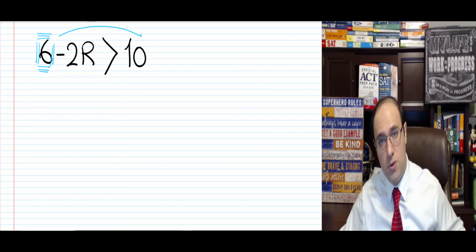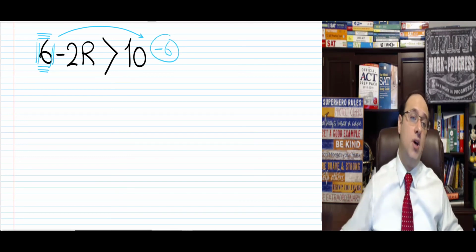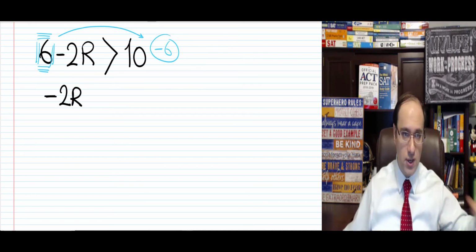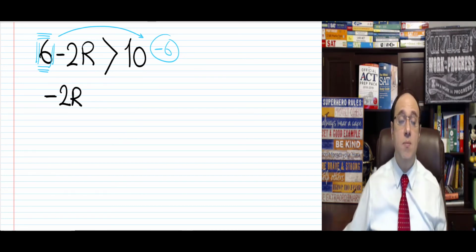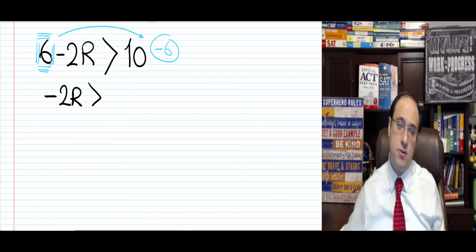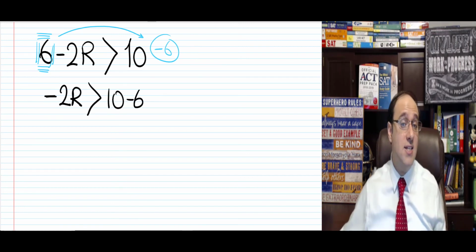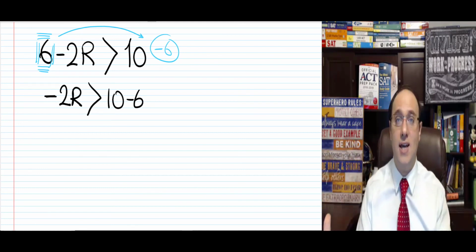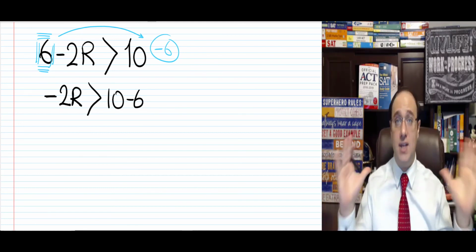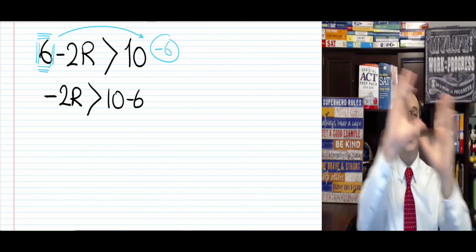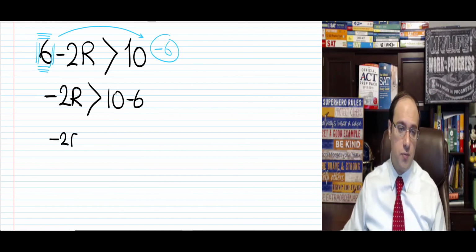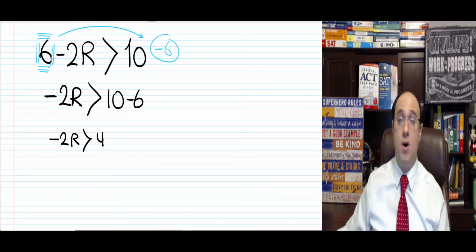So it goes to the other side as minus 6. Now it becomes negative 2r, because the negative right here doesn't move. It stays with the 2r. Positive 6 went as negative 6, so greater than 10 minus 6. See here, I didn't change any signs because I didn't flip the positives and negatives. I just moved a number from one side to the other, which is completely normal. Negative 2r is greater than 4.